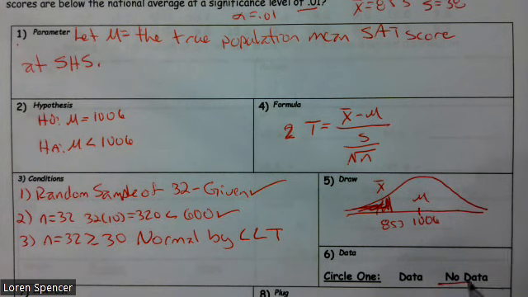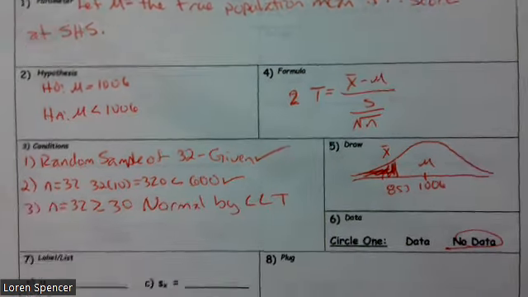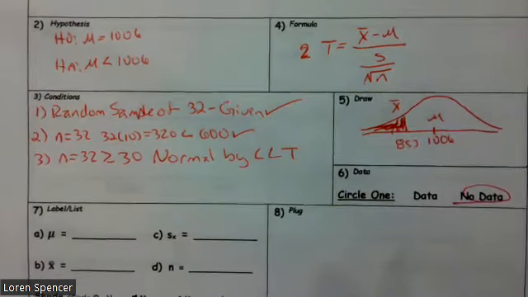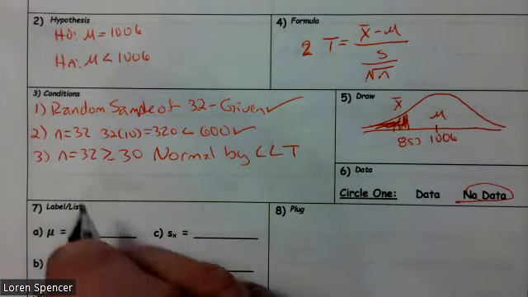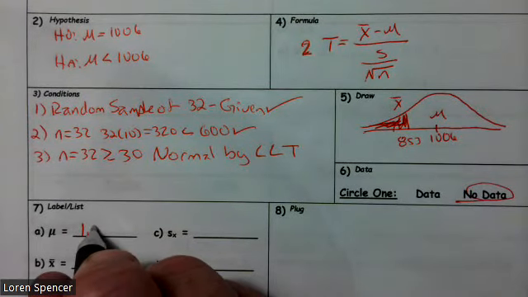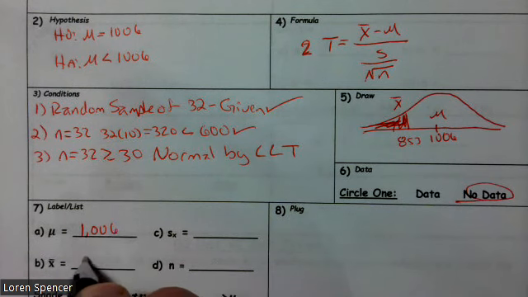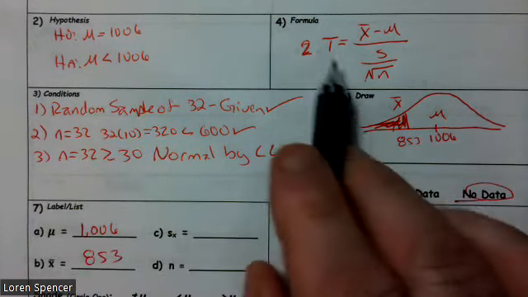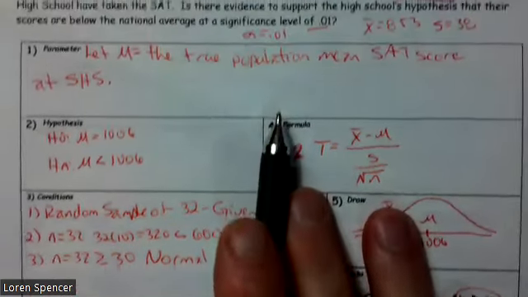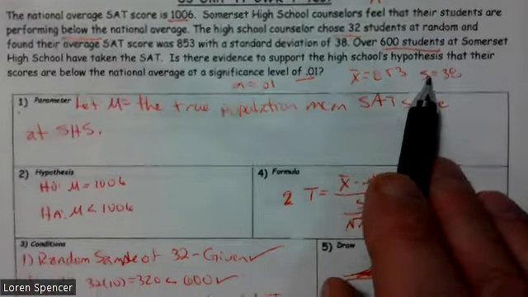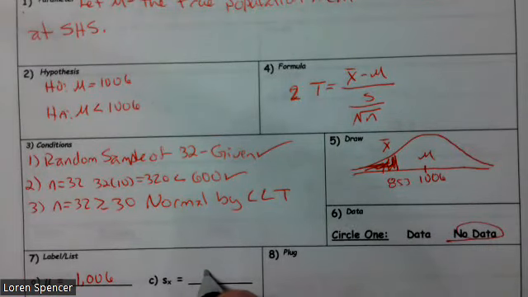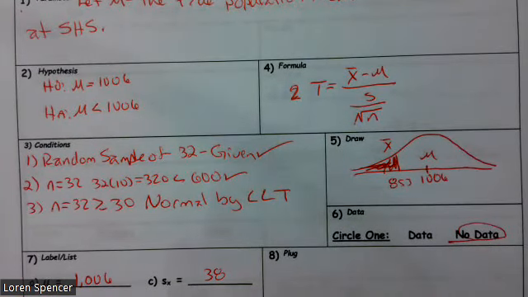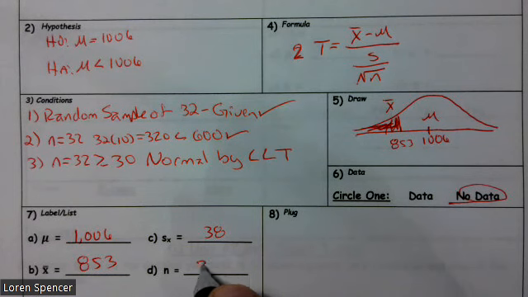All right, we're given statistics, so we really don't even need that. So we're going to go ahead and label our parts. Our mean is the population mean, which is 1006. Our x-bar was what we found from our sample, was 853. We had a standard deviation of 38, a sample size of 32, and we're shading less.